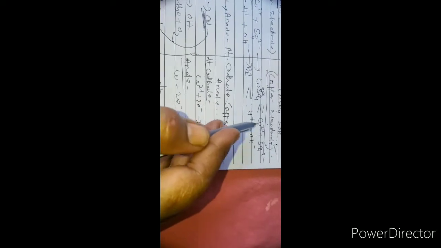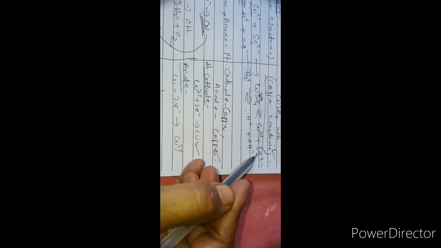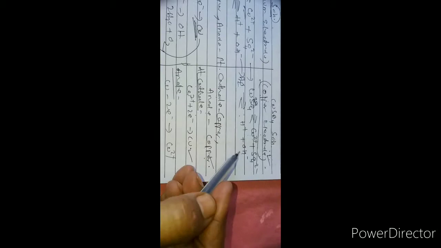Out of copper 2 plus and H plus, obviously copper is lower in position, so copper will discharge. But in this case OH minus and sulfate ion both will rush towards the anode, but no one can discharge. Rather the anode will take part in the reaction.